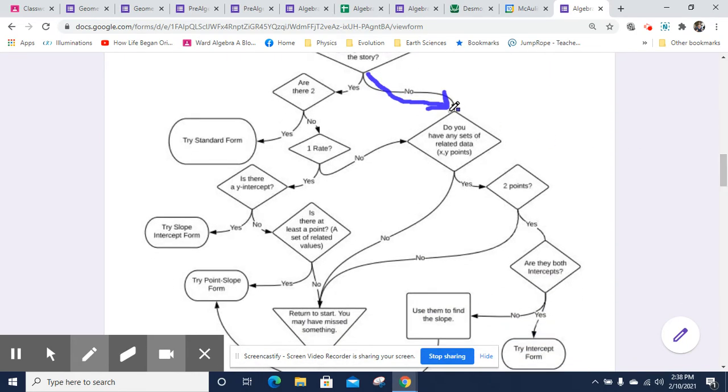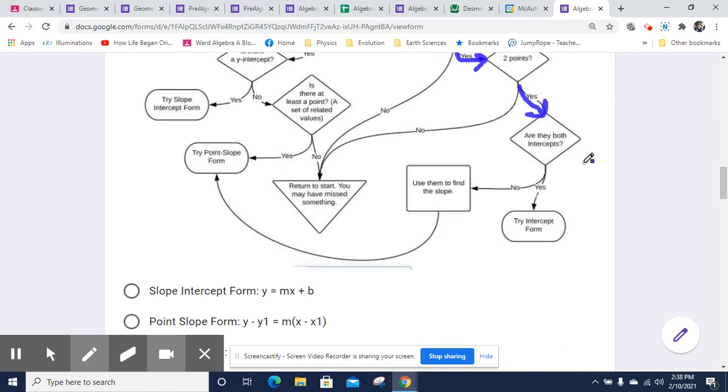Do you have any sets of related data? Why, yes, we do. Okay, do we have 2 points? Yes, we do. Are they both intercepts? Well, to be an intercept, one of the values in a point has to be 0.